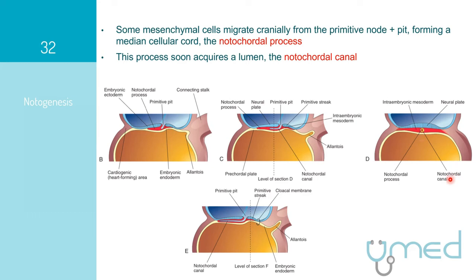This here is going to be the canal that we later formed, or the inscribed yellow area there is going to be that notochordal process, which is this, right? Don't know why they use that color, but I guess to differentiate. And then all the red is going to represent that intra-embryonic mesoderm, right? And here you can see allantois and the precaudal plate going to be this region, right?